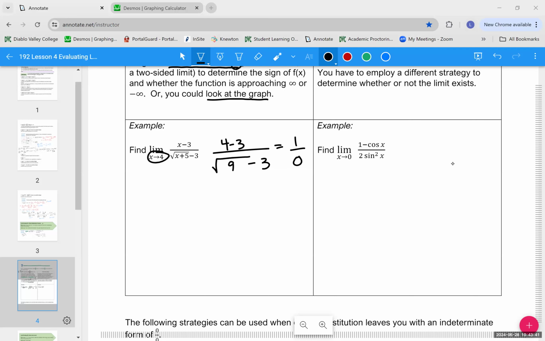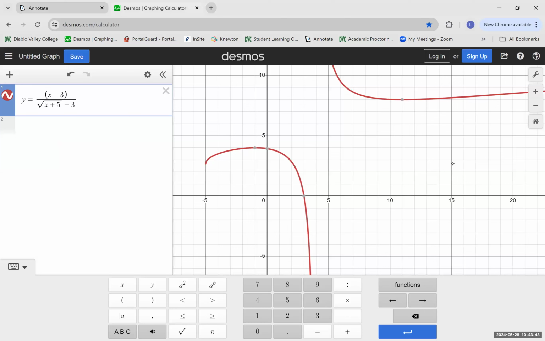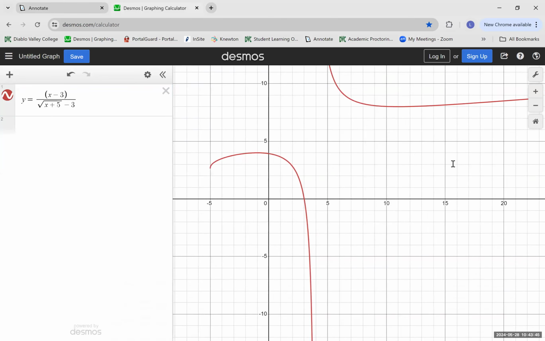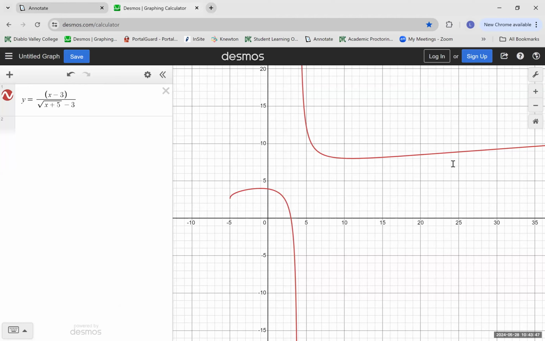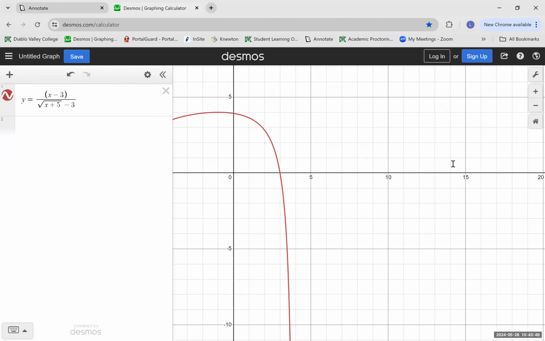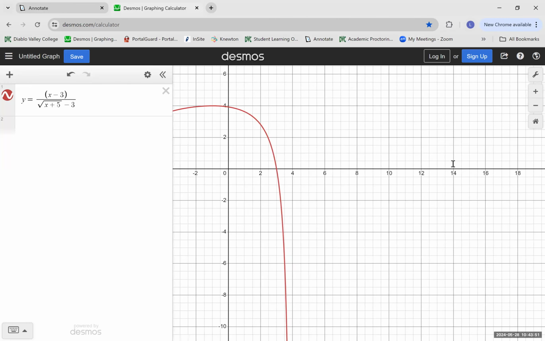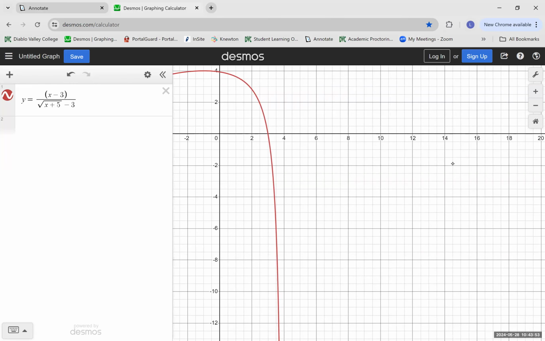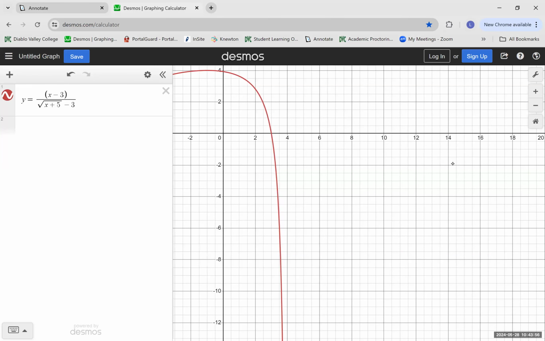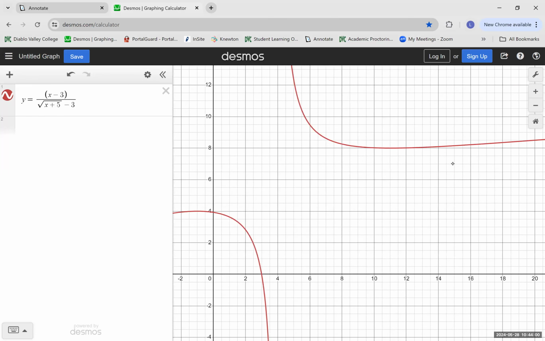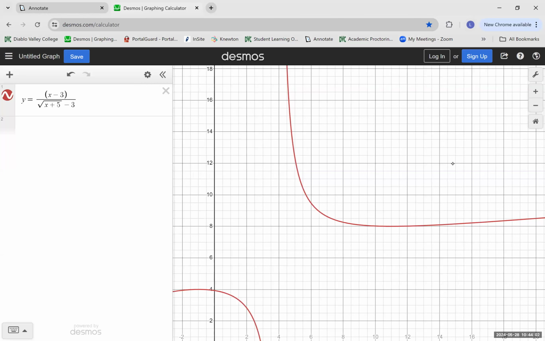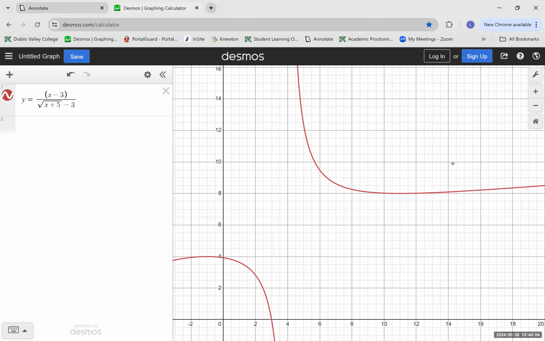There we are. So you can see my function is graphed, and it looks like I definitely have an asymptote there. Here's my x equals 4. And it appears that as I approach 4 from the left side, it's going to negative infinity, but as I approach 4 from the right side, it's going to positive infinity.